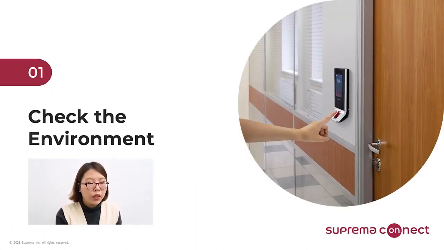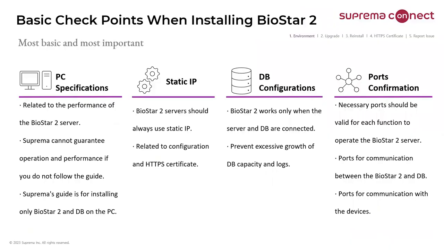Check the environment. As you all know, it is not easy to change the server's environment once installed or move the server, due to the nature of a security server. So, if you want to use the BioStar 2 server, I'd like to ask you to double check 4 items you see on the screen before installing the product.